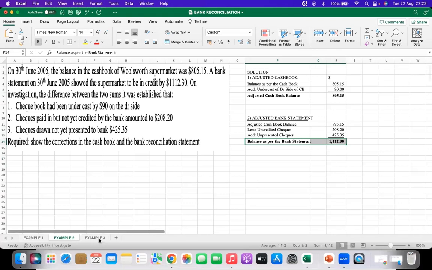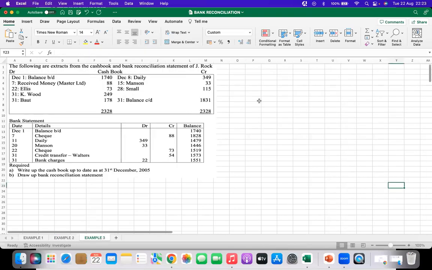Maybe the last example, we can go to example 3 in order to close this session on bank reconciliation. We have a question here. The following are extracts from the cash book and bank reconciliation statement of J Rock.